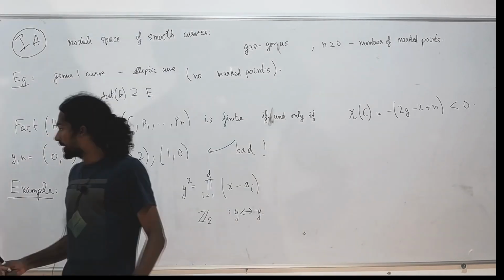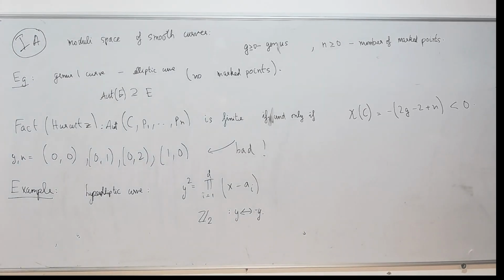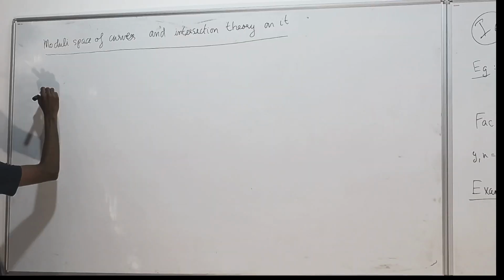A way to deal with that is to just remember that curves actually have automorphisms. And this pretty much leads us to thinking about orbifolds. So orbifolds are going to be things. Okay, let me first write this down.